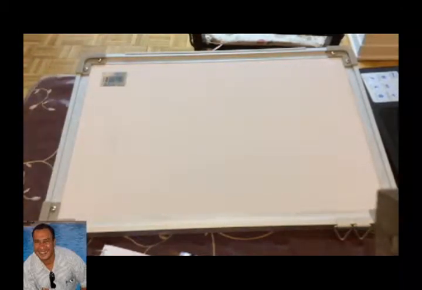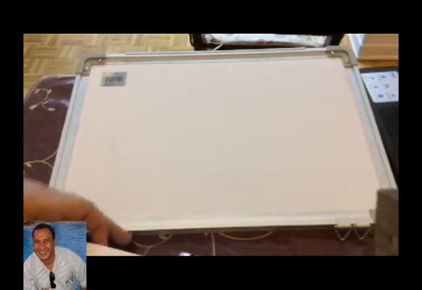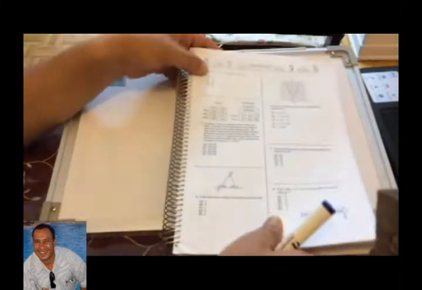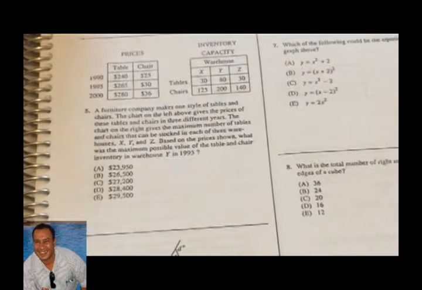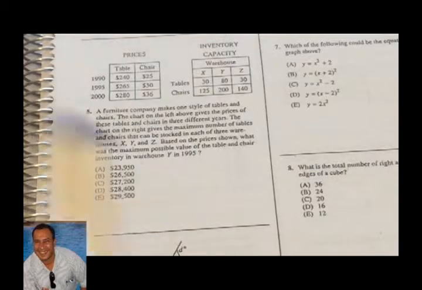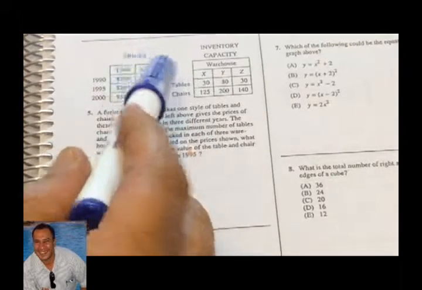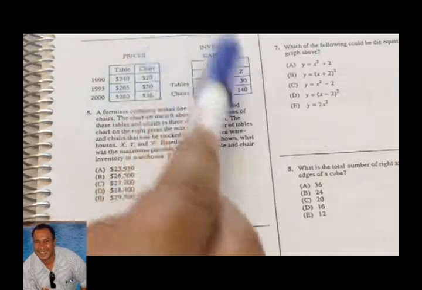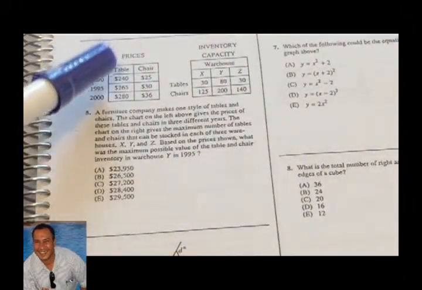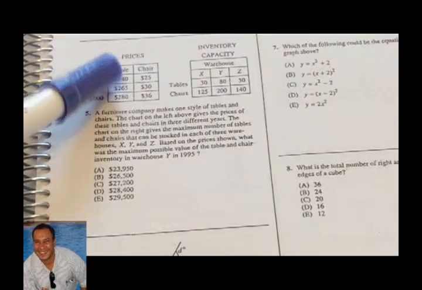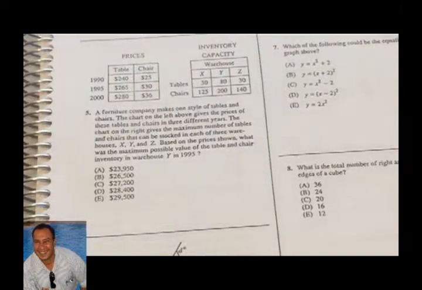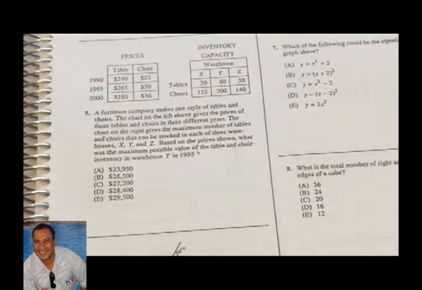Now, look at problem number 5. Here we have two tables. The first table talks about prices, and the second talks about inventory capacity.